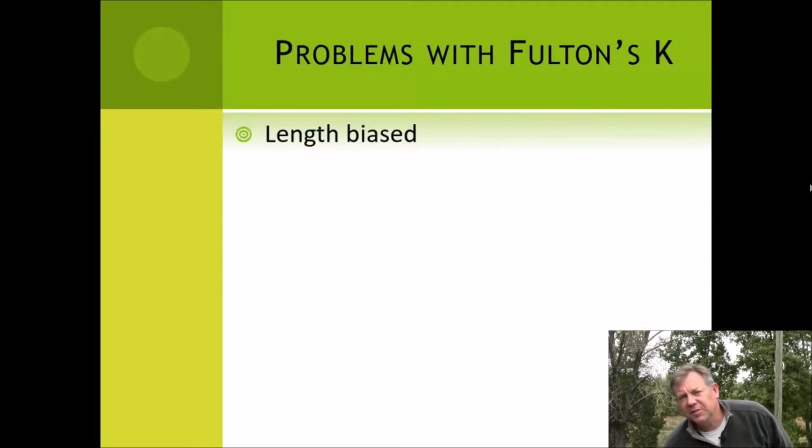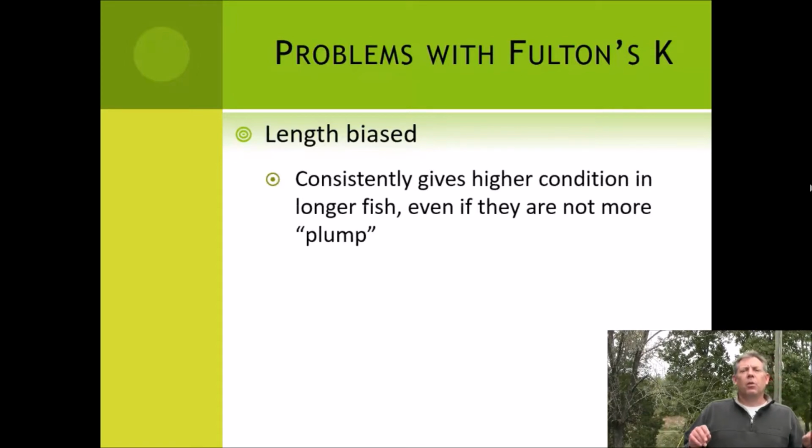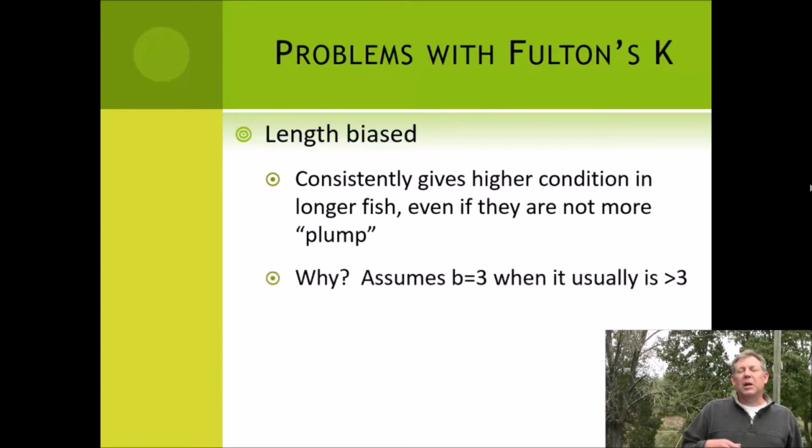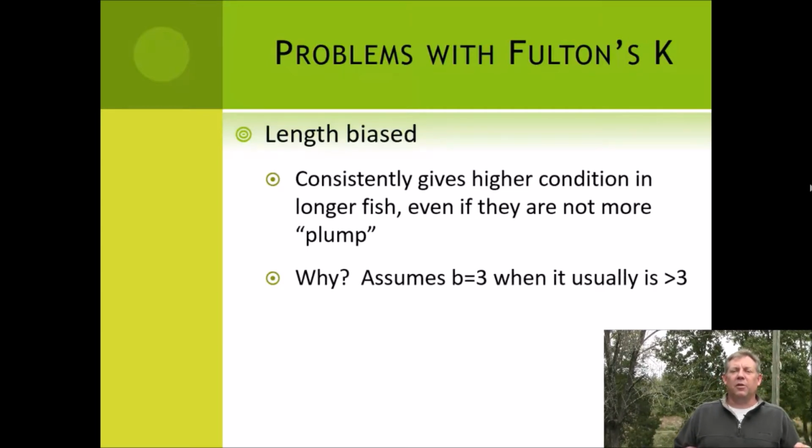Another big problem with Fulton's K is that it's length biased. And what that means is that we consistently get higher condition for longer fish even though they're not relatively more plump. This happens because you'll recall we assumed that B equals 3, but often that value of B is greater than 3.